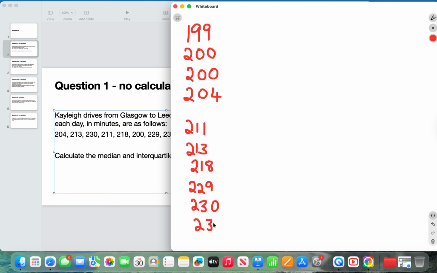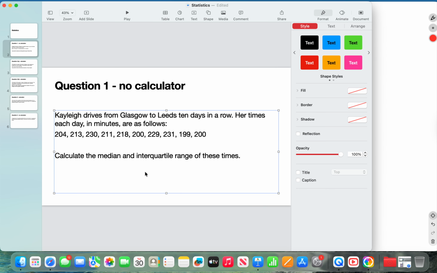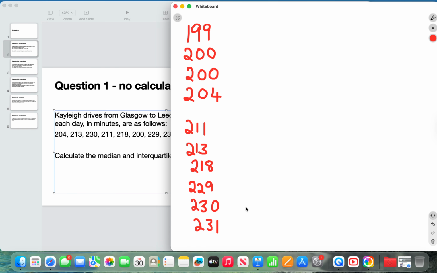And we have 10 numbers, as the question says, and we have 10 numbers in the list, and this list is in ascending order. So what we have to do is split the list in half. Because we have an even number of values, we have to split it such that half of the numbers are on one side of the partition and the other half are on the other side.